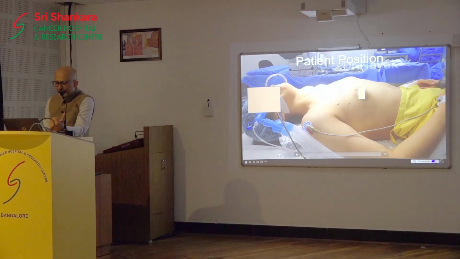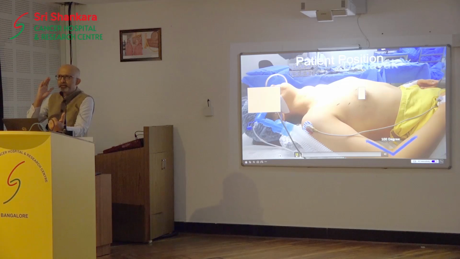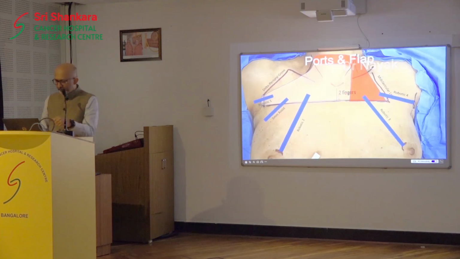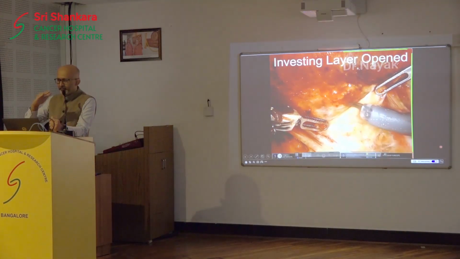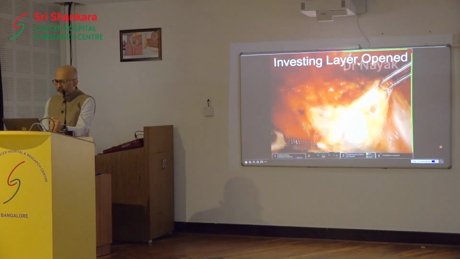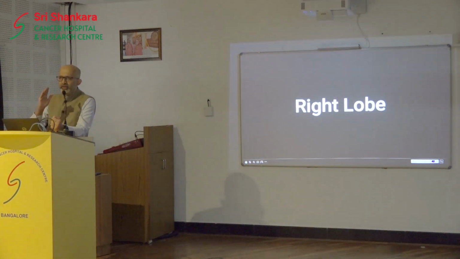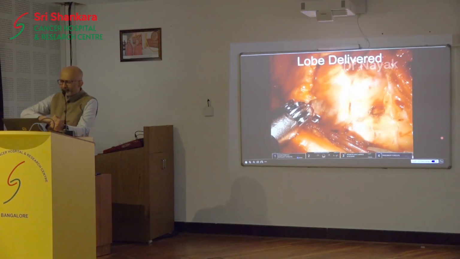Now I'll just show you a brief video so that you understand the complications afterwards. So that was the position of the patient. These are the port positions and the flap, the extent of the flap. Once that is done, we enter the midline, and it is just like open surgery.